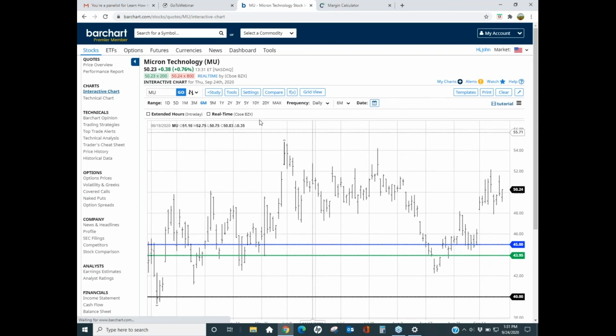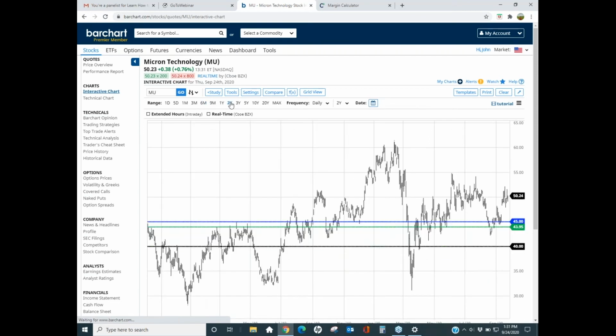Now, what I might do is take a moment and look at a higher time frame to see a much bigger picture. And again, that entry is on the lower end of the range of price that we've seen over a longer period of time. And so again, I'm feeling more comfortable about that, right?